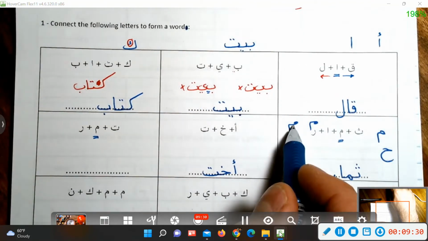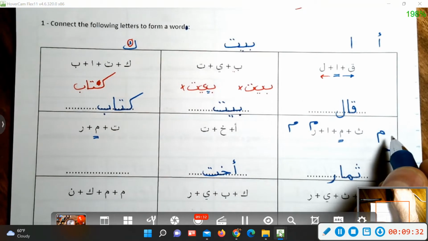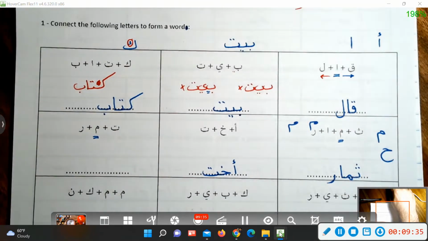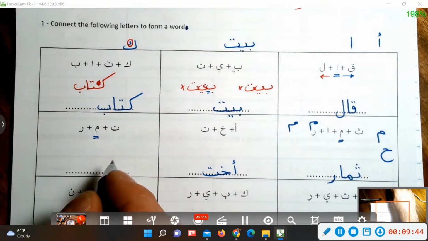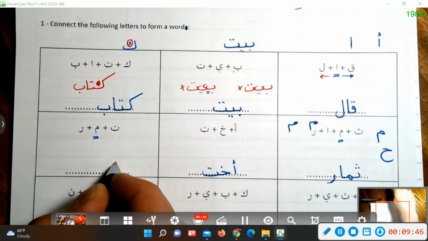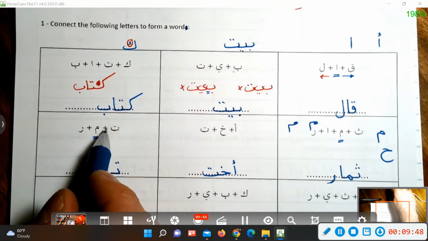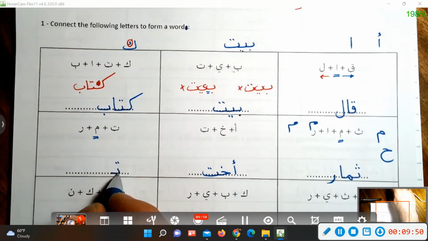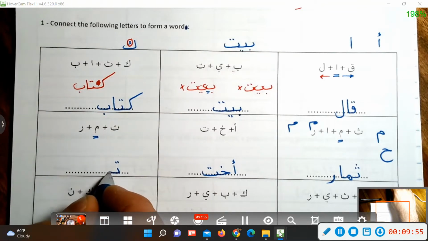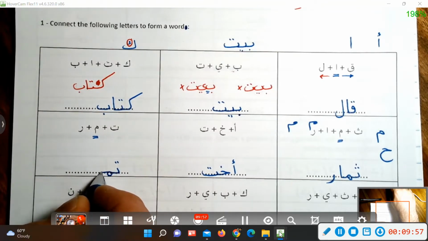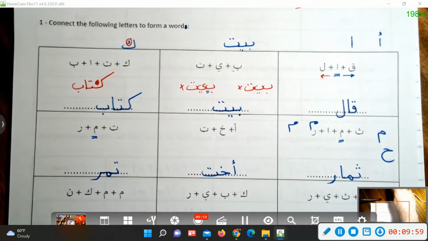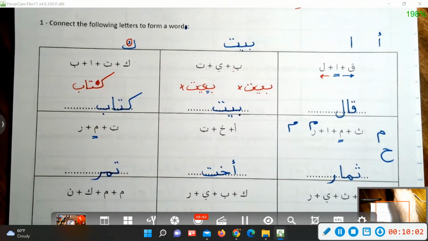This looks like this, but it's a little bit sophisticated for some beauty purposes. So, tamar, we prepare the ta to connect. We don't write the tail, only the tooth and the base with 2 dots above the tooth. Meme from the bottom, and then ra like this. As simple as that. Tamar.